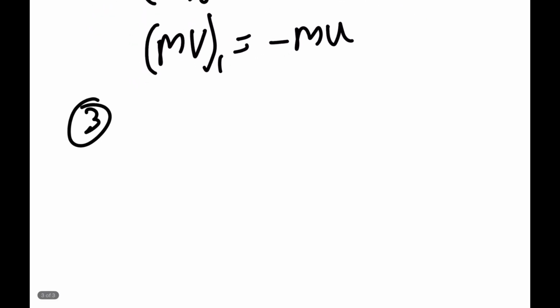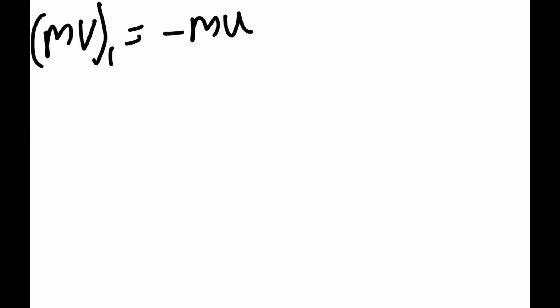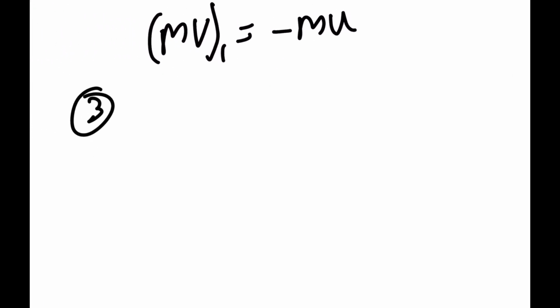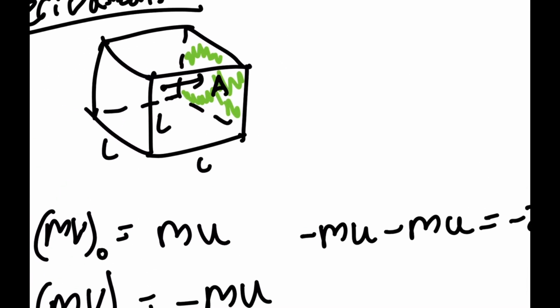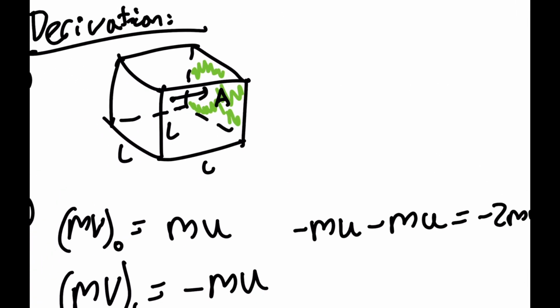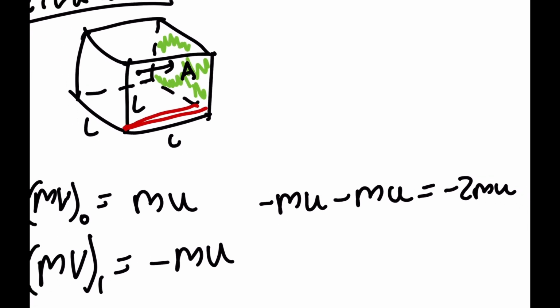Now let's go on to the third step. So now we know the change of momentum. Let's try to find the time between collisions. So let's look at the diagram again. For each collision to hit the wall again, between each collision, the ball has to travel from here all the way here and then all the way back. And this distance is 2L.